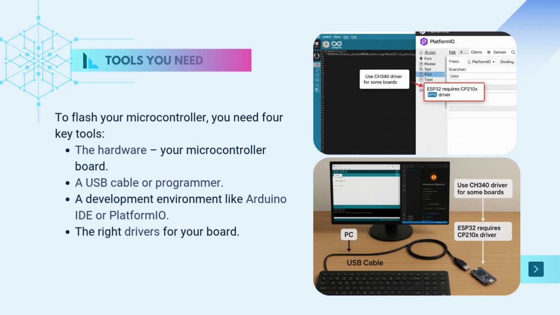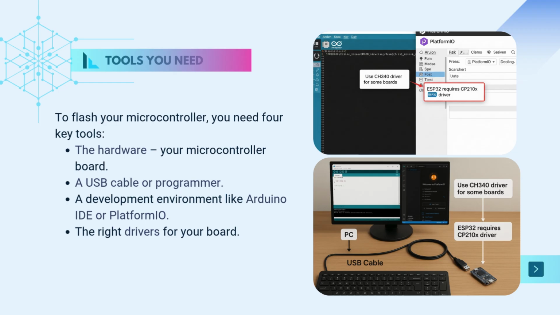3. A development environment. The most popular is the Arduino IDE, especially for Arduino and ESP-based boards. Others include PlatformIO for VS Code, STM32CubeIDE, and MPLAB X for PIC microcontrollers. 4. Drivers and board definitions. These tell your PC how to talk to the board.